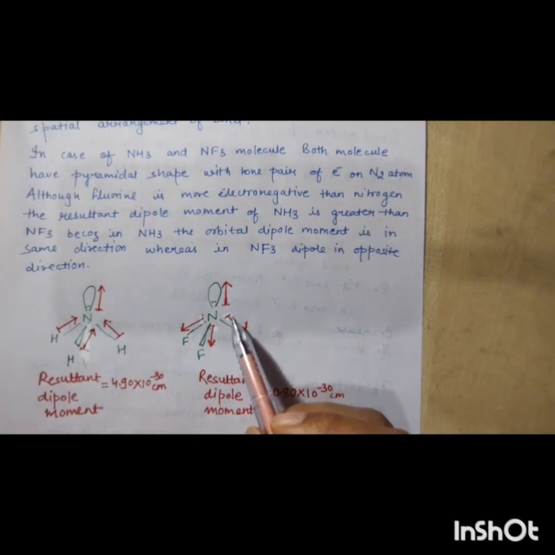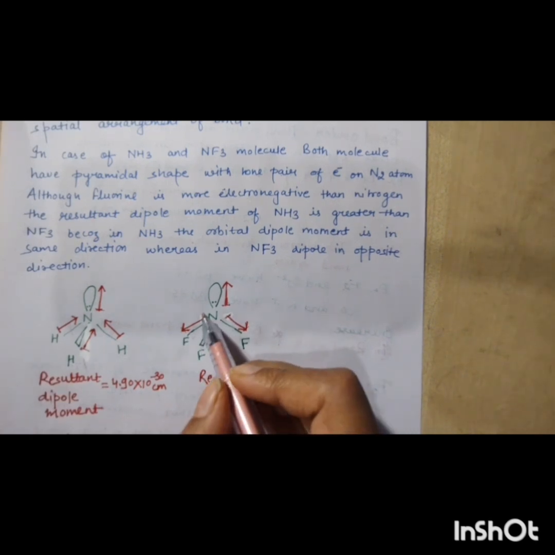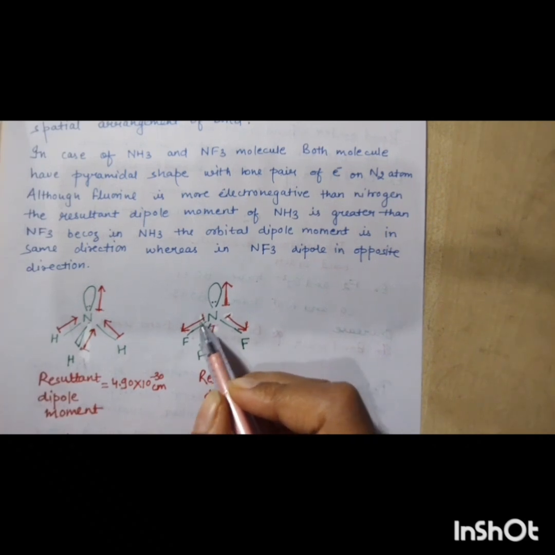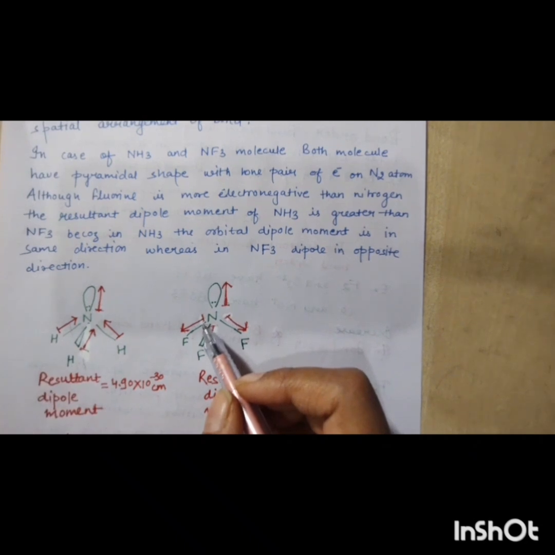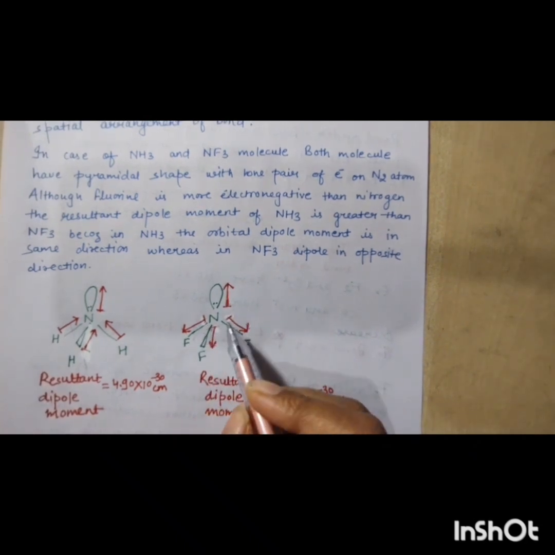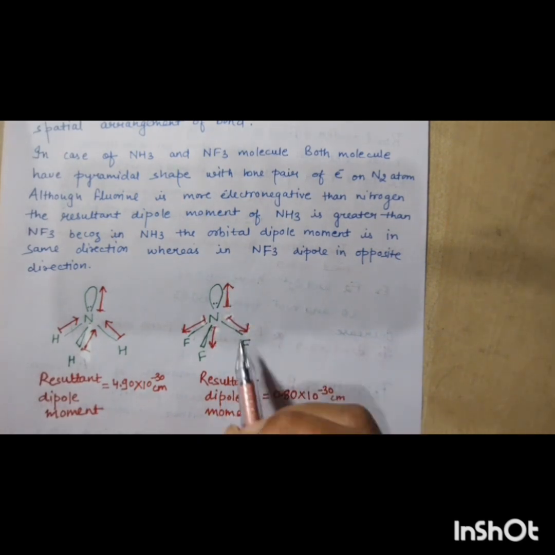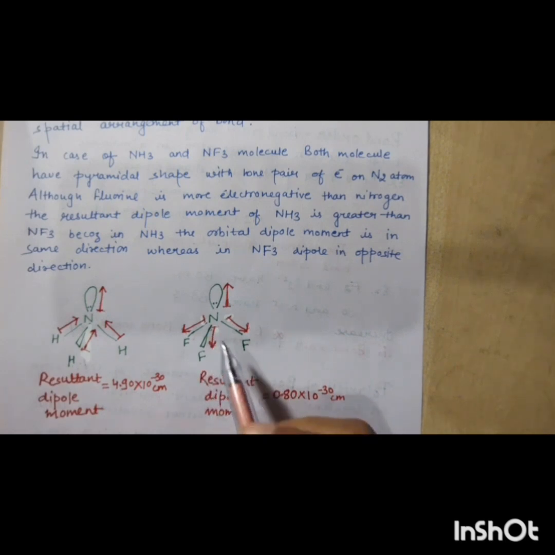And in the case of NF3, fluorine is more electronegative than nitrogen, so electron density shifts to the fluorine atoms. Here it is represented by an arrow like this. Here the electron density shifts to fluorine, and here the nitrogen electron density shifts to the lone pair. So here the dipole moments cancel each other.